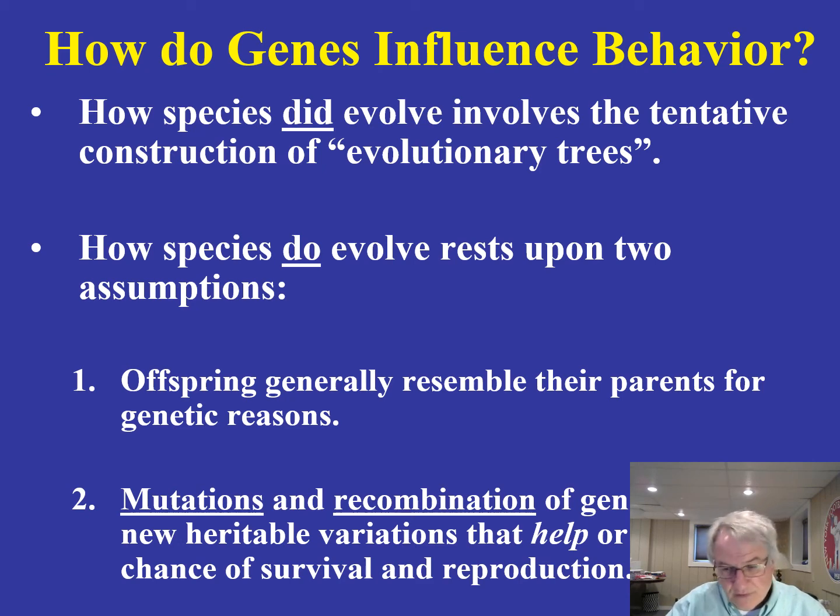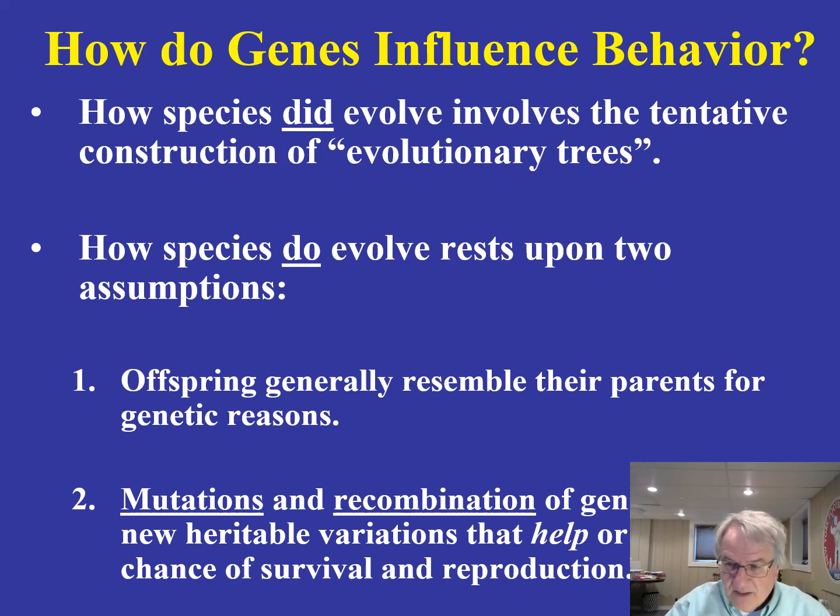Those are the two primary ways that we have. And again, in the case of recombinations that occur, you're having new variations, and that may in fact help survival and reproduction. It may not work to help survival and reproduction depending upon the environment that the organism is in.